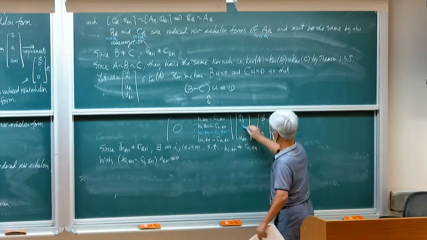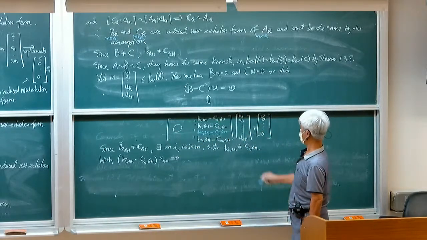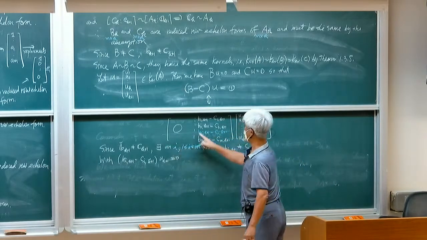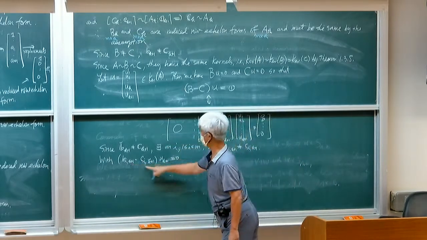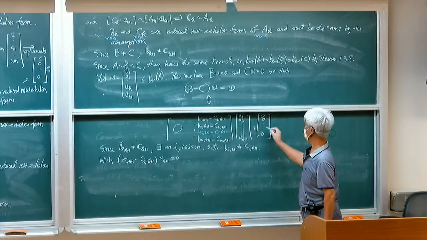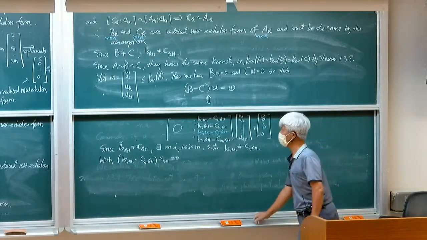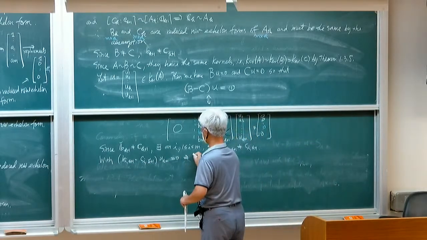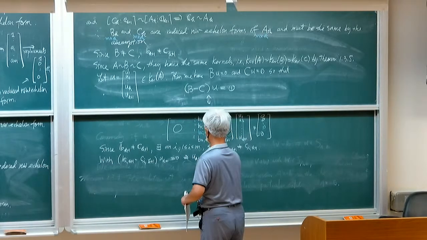This is multiplied with this column, and you put all 0 here, so you get the entry equal to 0. All right, so this implies that u_{k+1} must be 0.